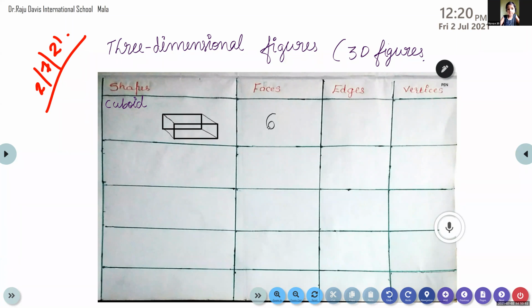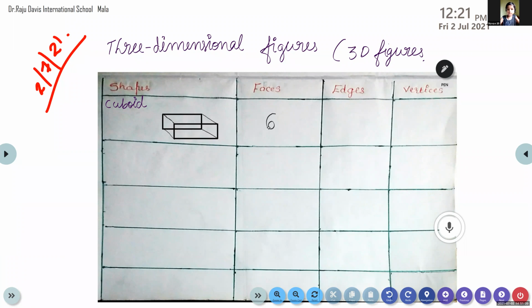All the lines are the edges. 1, 2, 3, 4, 5, 6, 7, 8, 9.